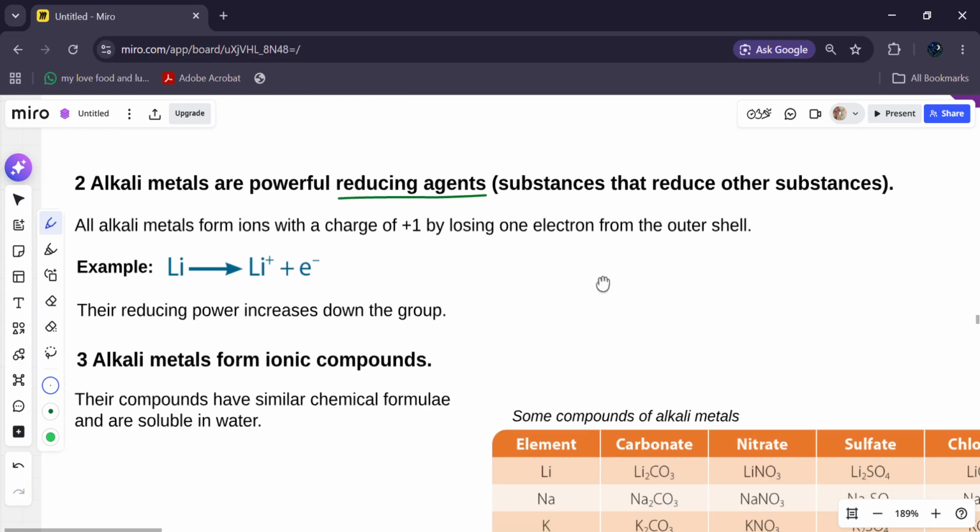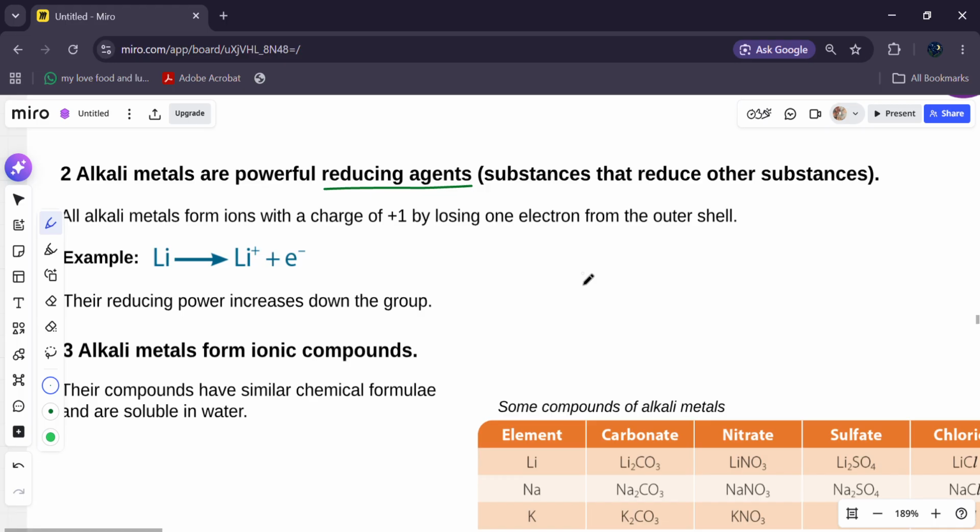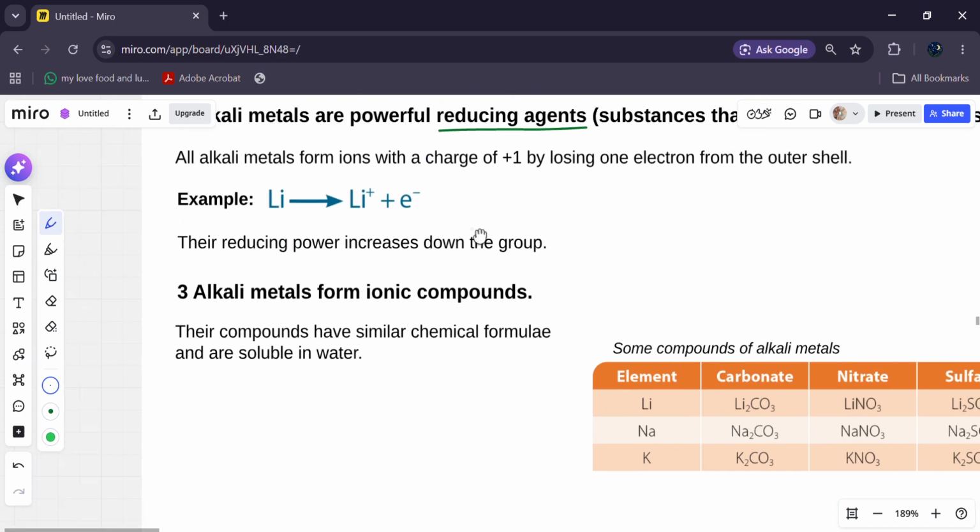Sorry, I got it wrong. It doesn't reduce itself. It reduces other substances to oxidize itself. That is a reducing agent. We learned about that in our chapter 11, which you could watch on our channel.